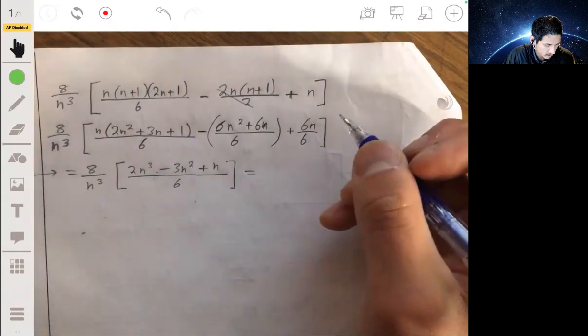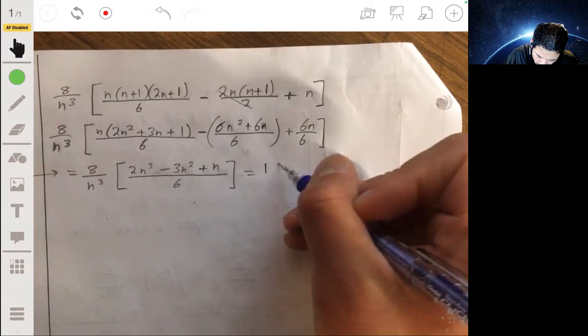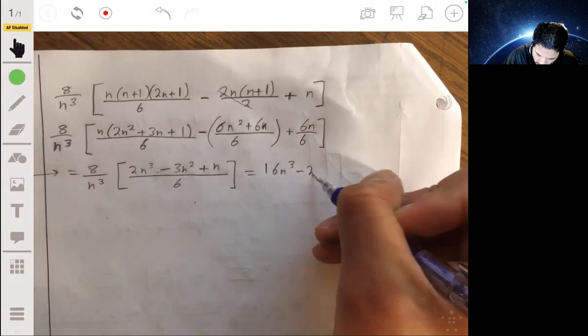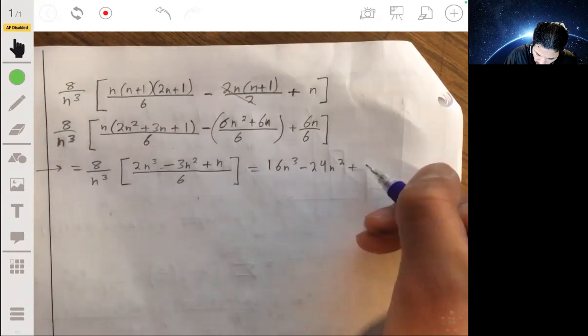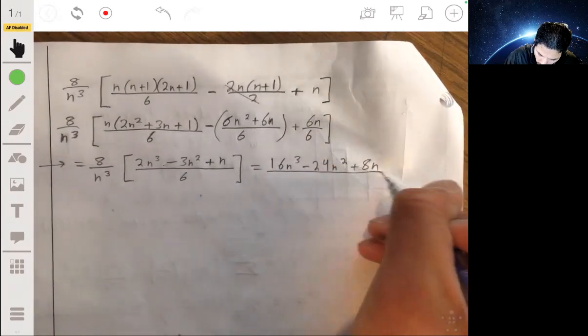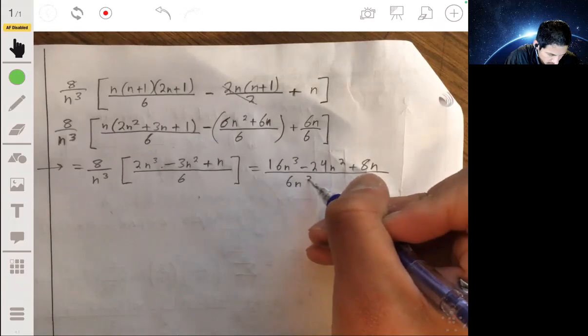Multiplying across by 8, we get 16n cubed minus 24n squared plus 8n all over 6n cubed.